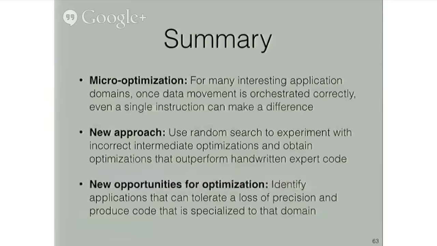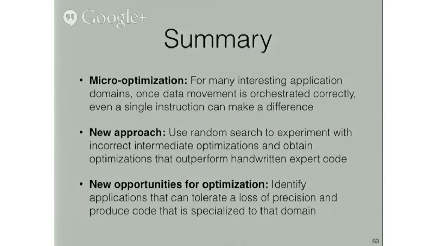So with that, I suppose I should probably wrap up. I will conclude and again make the claim to you that for many interesting real-world application domains, even a single assembly instruction can still make a difference. Our approach to this problem is a new one.